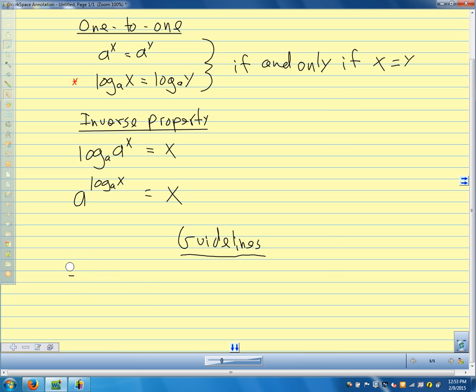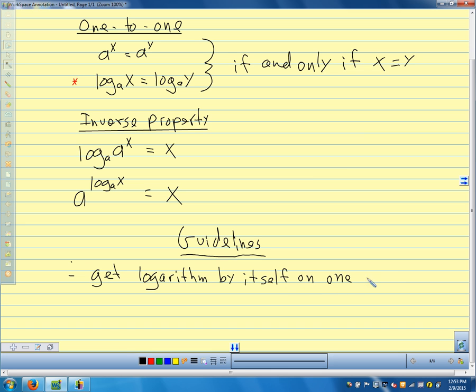One way that we can solve them is to get the logarithm by itself on one side. And then we use the one-to-one property.